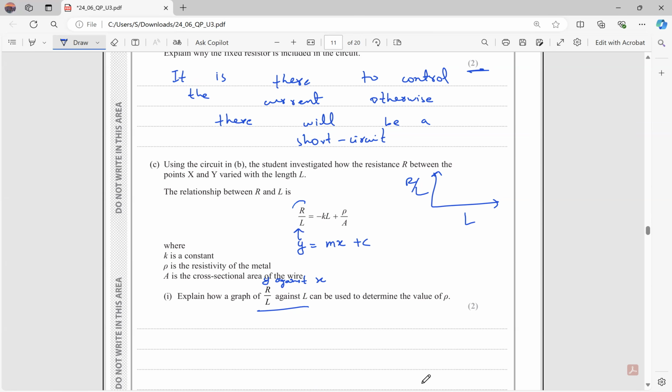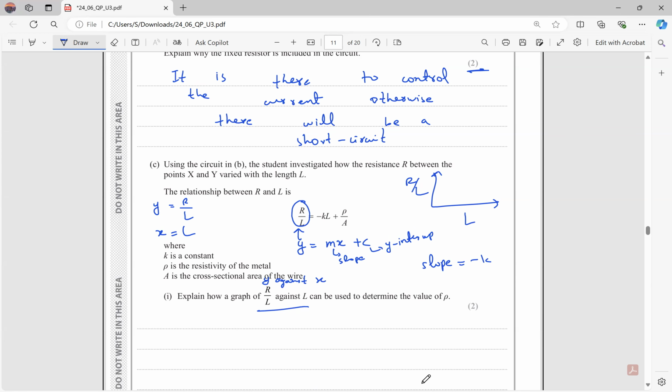Y here corresponds to R over L, the thing that you are plotting on the y-axis. X is the length. You're plotting the length on the x-axis. M is the slope. So the slope here is not just k, it's minus k. And C over here is the y-intercept.